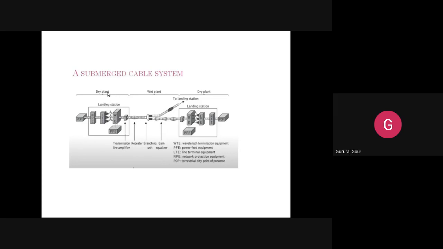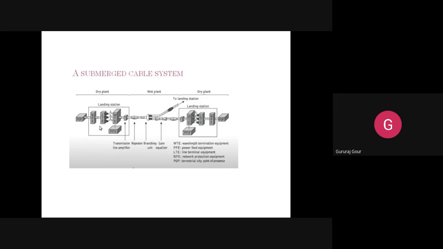If you come back to the dry plant inside a landing station, POP means terrestrial city point of presence, where all your local long haul networks or MANs or access networks are going to come. NPE means network protection equipment. LTE means line terminal equipment.